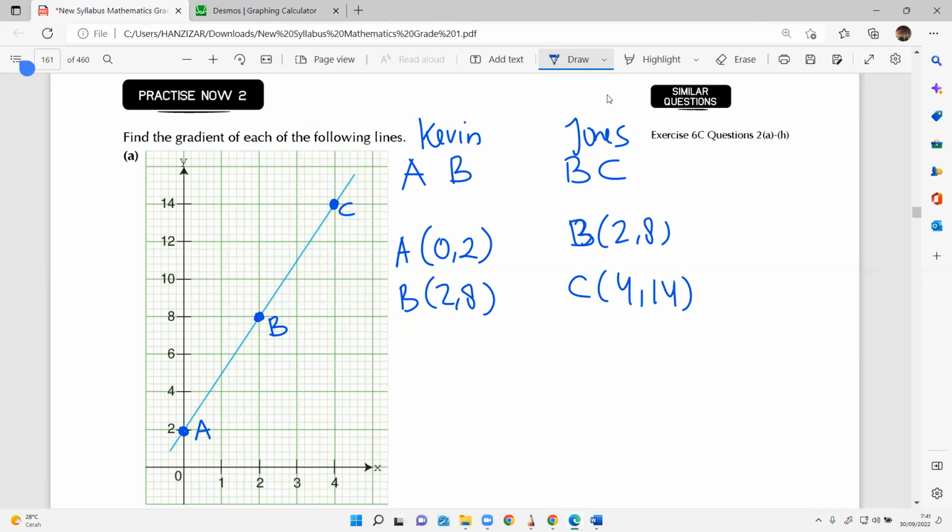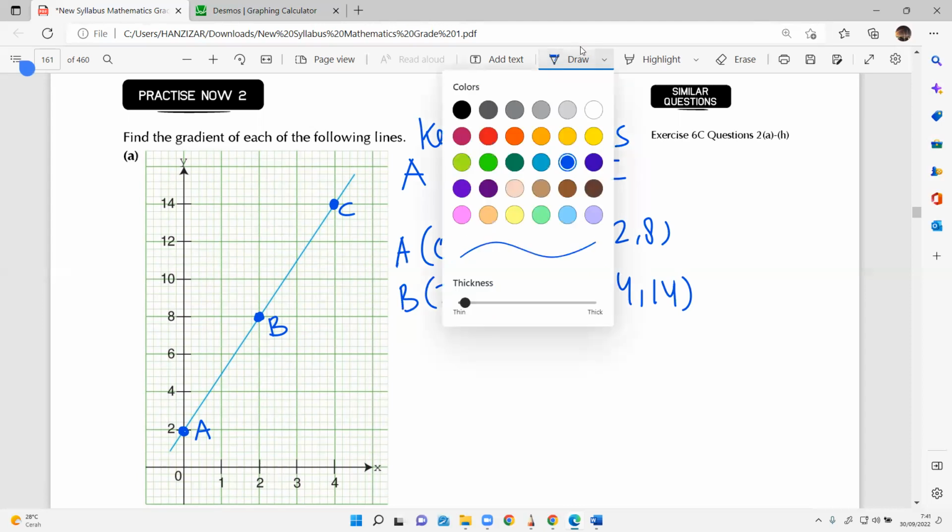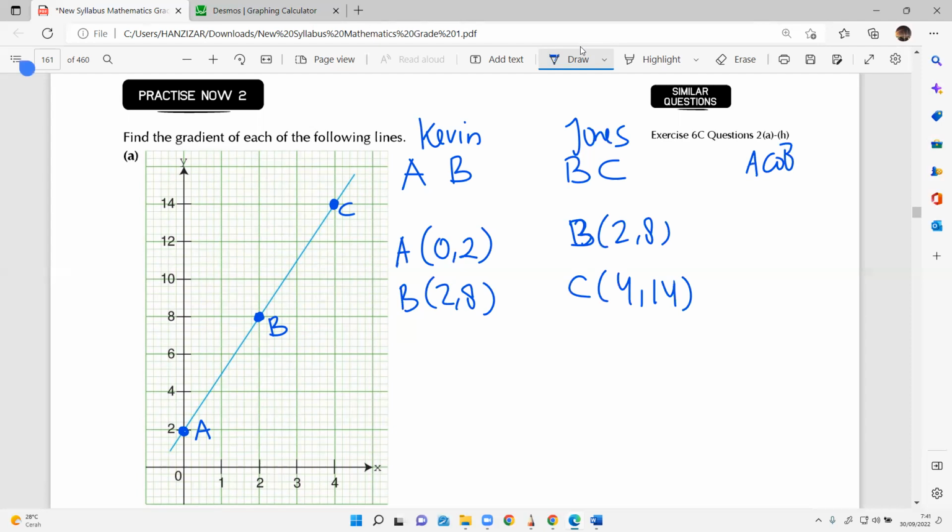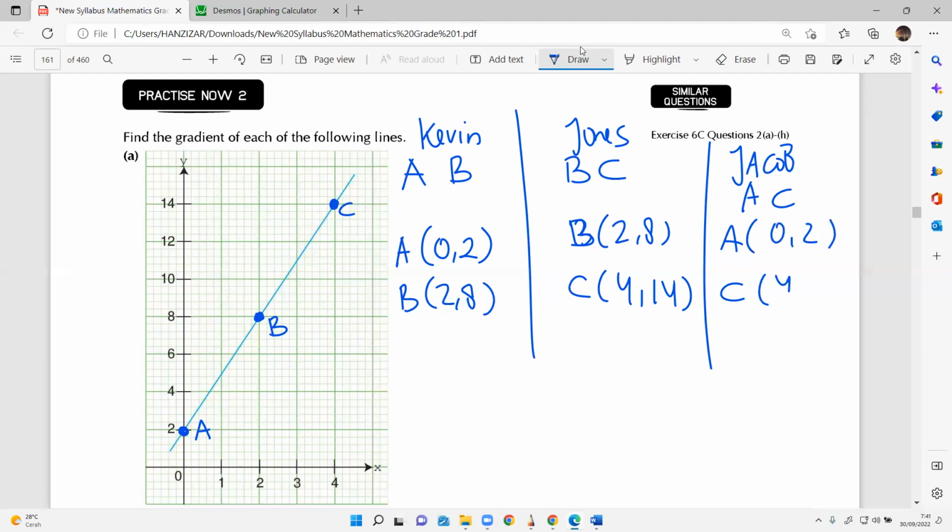How about AC? Can we? Yes, of course. AC also acceptable, but A, B, C cannot pick one, pick 2 only. Jacob, AC. We can prove it. Every point pair taken will produce the same answer. Okay, 0,2 and 4,14.